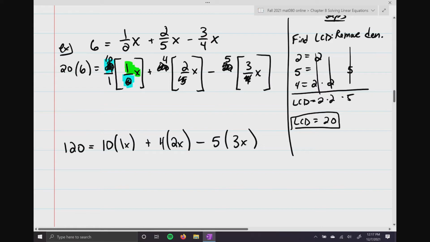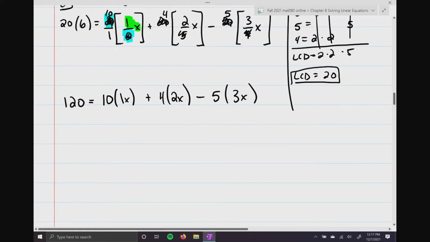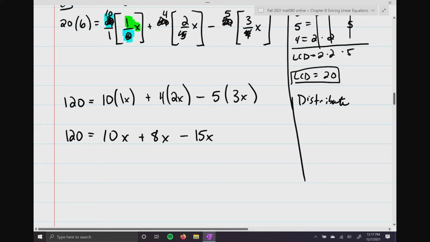All right, perfect. So step 2, if you see parentheses, you're going to distribute. Well, I do see parentheses, so I'm just going to go ahead and multiply. So I get 120 equals 10x plus 8x minus 15x.